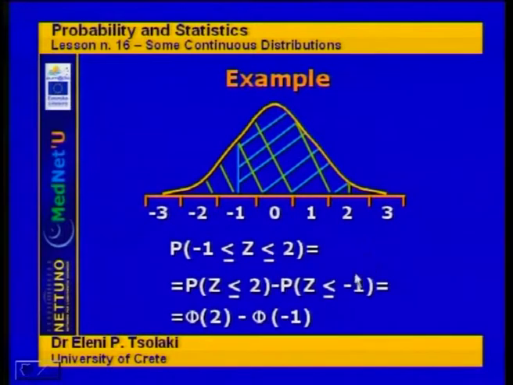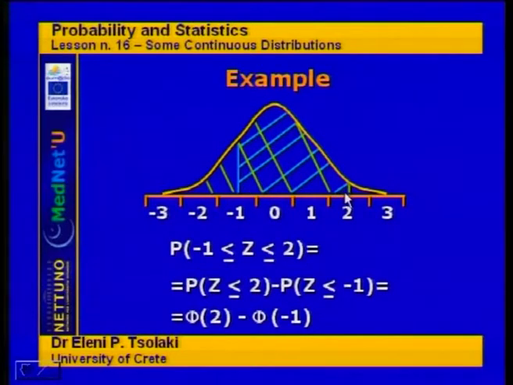This is the same as saying that we are looking for the probability of z less or equal to 2, as we showed before, minus we have to take out this area here, because we only want the remaining area.